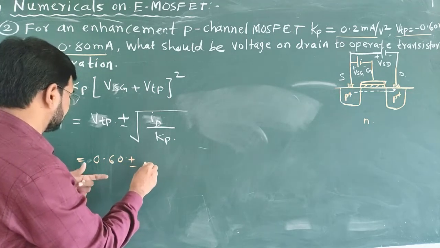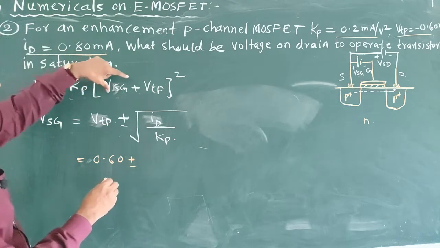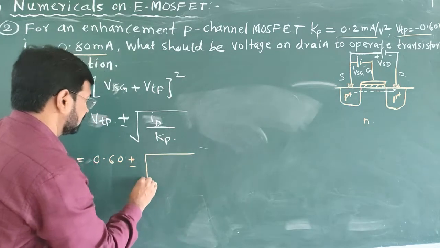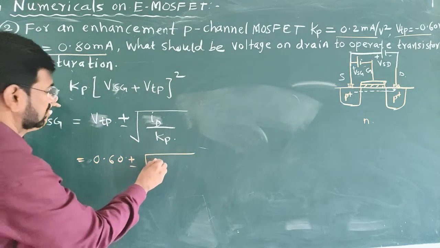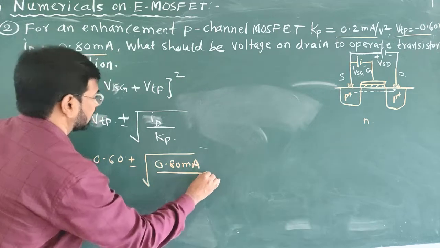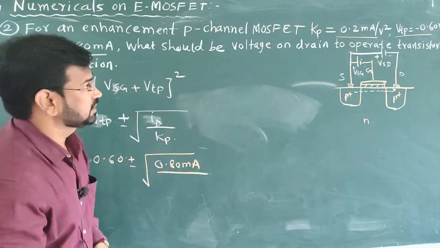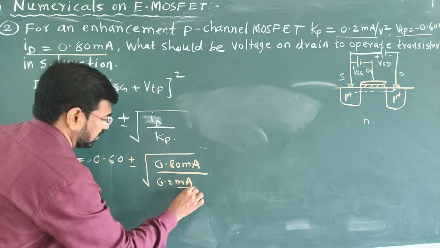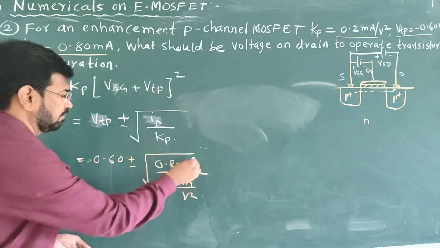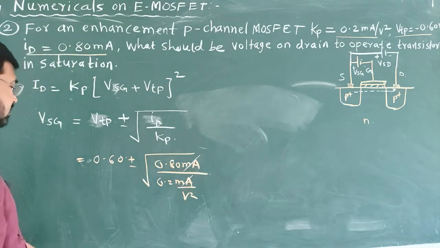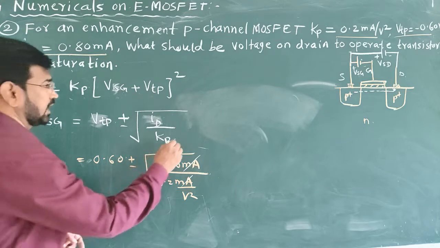So it is 0.60, already we have taken the minus here. So ID is 0.80 milliampere and Kp conduction parameter is 0.2 milliampere per volt square. So this milliampere gets cancelled. So the whole square root will be up here. I have calculated this.